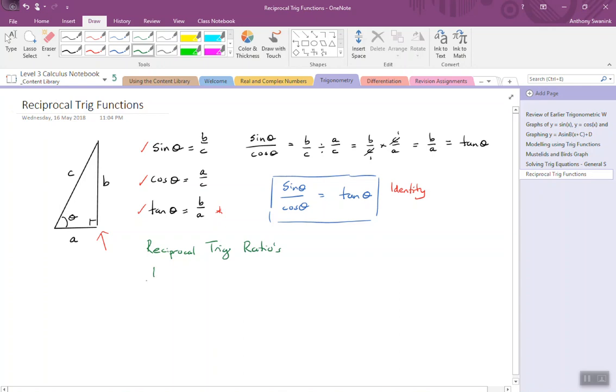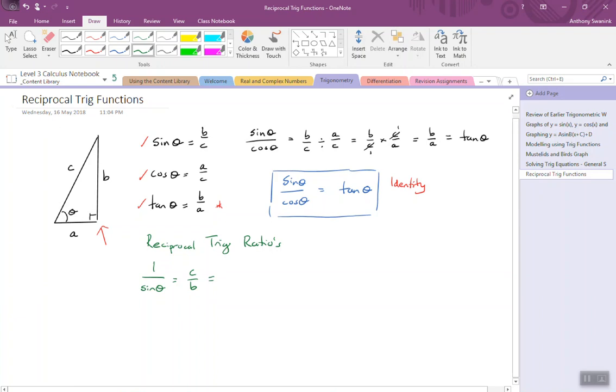So 1 over the sine of an angle would be defined to be hypotenuse over opposite, so c over b. That is actually given a name: it is known as the cosecant ratio. Written in full it's cosecant of an angle, but it is abbreviated to cosec of the angle.